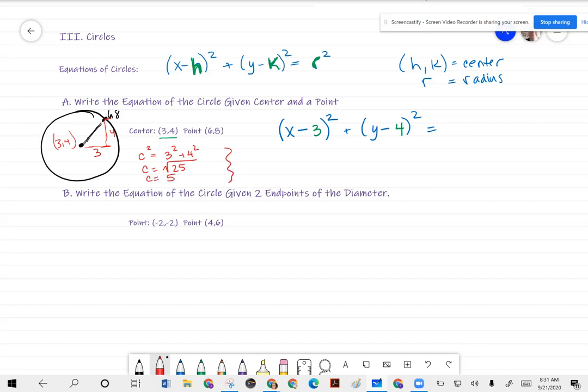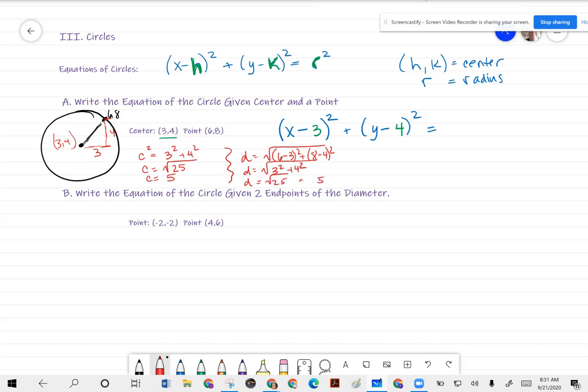However, if you're doing the distance formula, you would start by subtracting the x's, so 6 minus 3, squared, and then subtract the y's, so 8 minus 4, squared. That gives you 3² + 4², which is still the 9 and the 16, so we end up at the same spot.